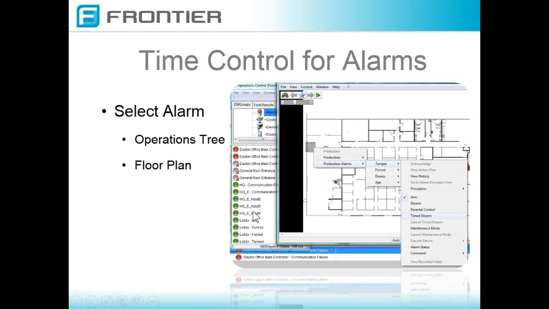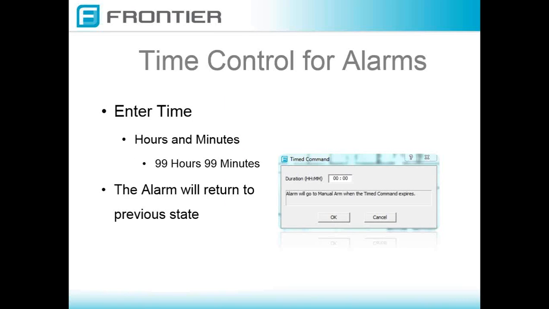We can also do it by right-click controls on the alarm itself. By selecting the alarm, which is currently armed, we're going to go into a disarm. So again, I can do this from the operations tree. I can also do it from a floor plan. So we're able to put that alarm into a disarm on a temporary basis, just for a few minutes.